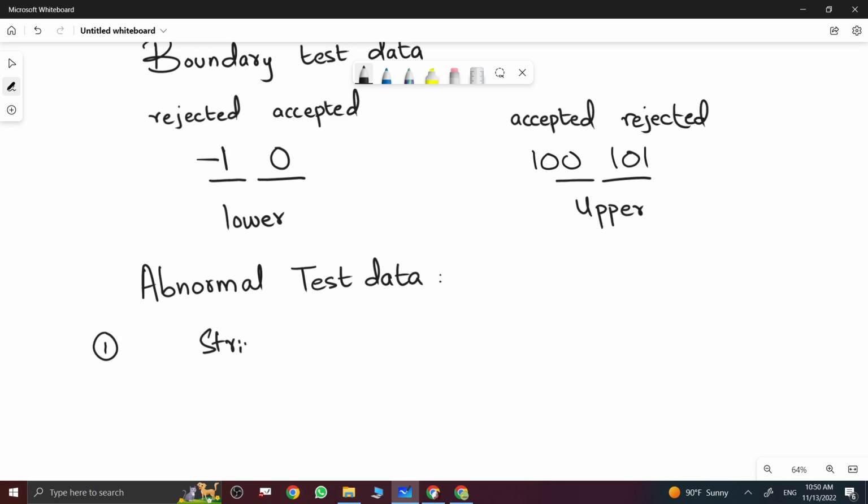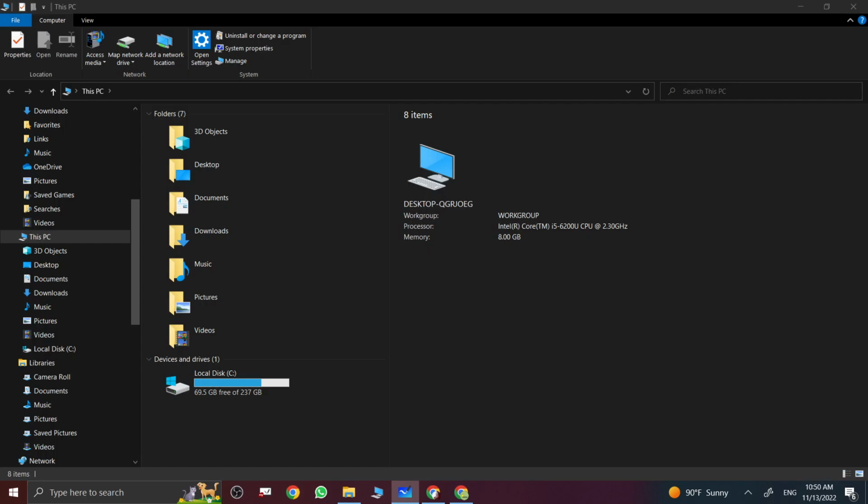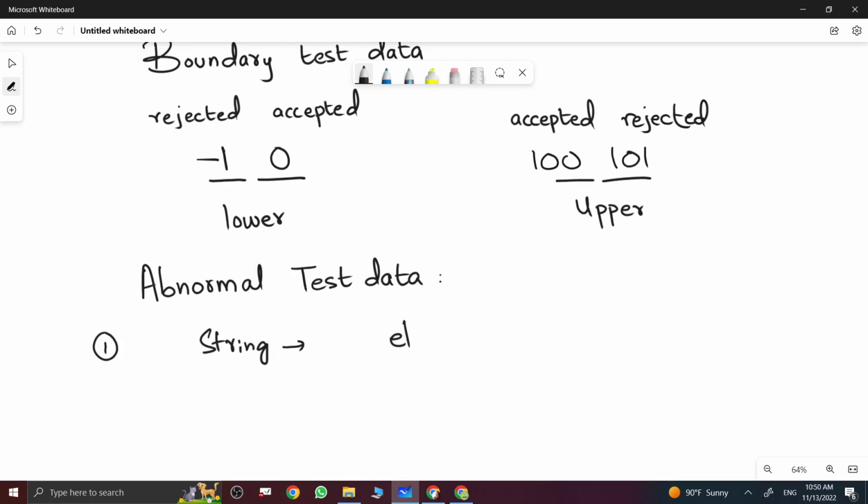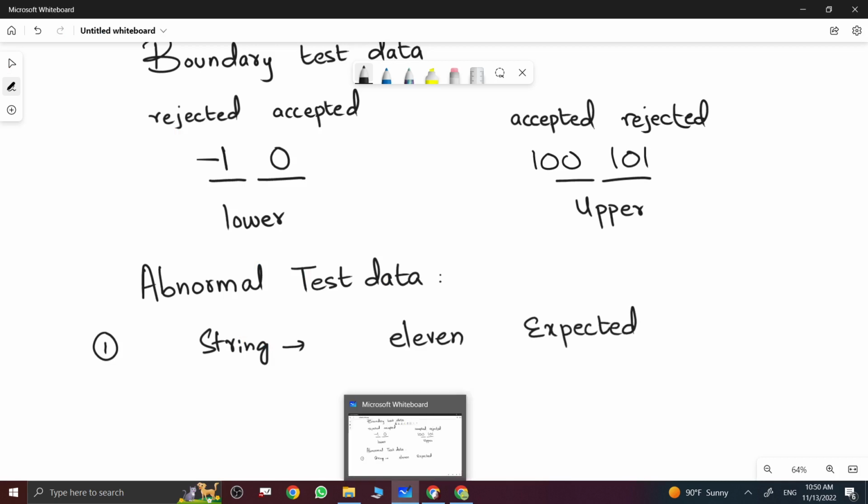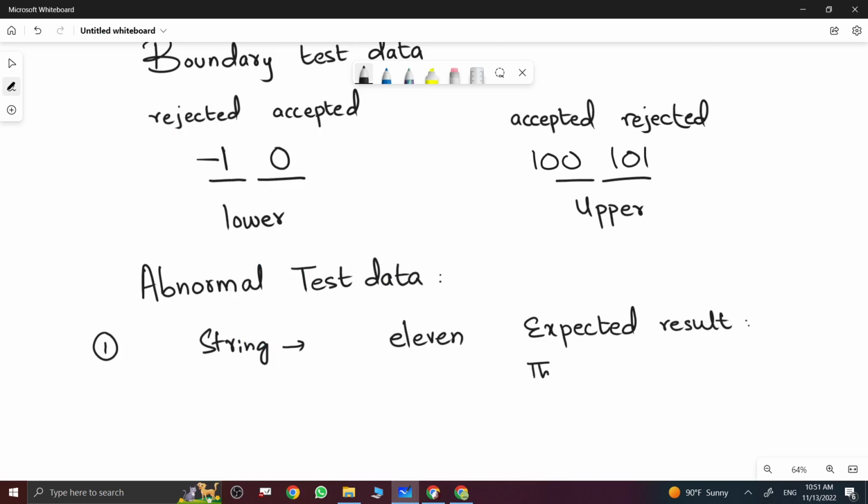Instead of writing 11 in numeric or integer form, you write it in the form of characters. So definitely it's a violation of type check. For this value, remember that for abnormal data, the expected result is always rejection by the system.